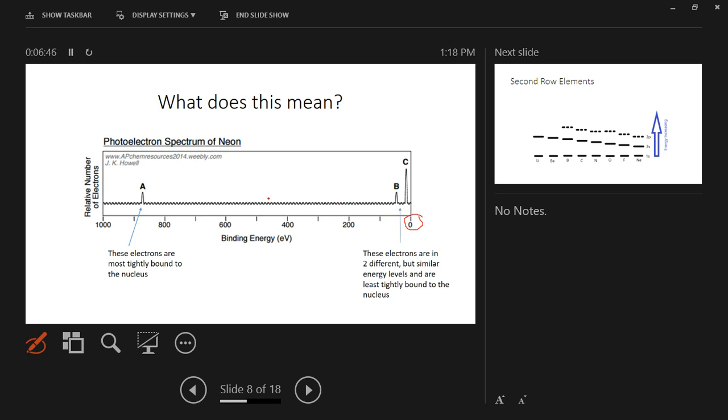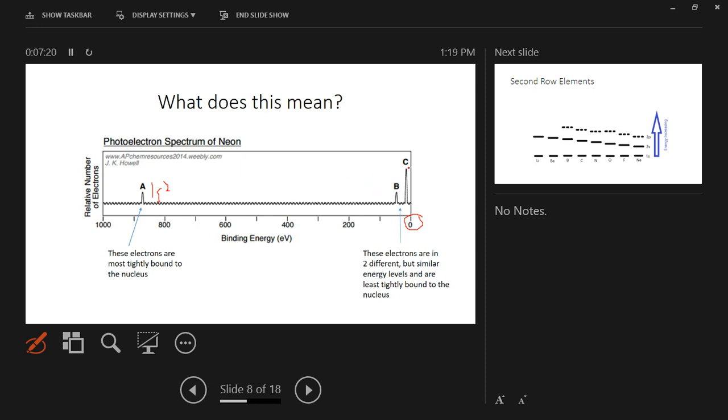This also shows you that our idea about S and P orbitals is correct, because you'll notice that this peak here is about 1/3 the height of the peak here in C. And so because A is 1/3 the height of C, and we know that there are 10 electrons in an element of neon, then we know that this represents the 1s2 orbitals, and this is the 2s, and this is the 2p.